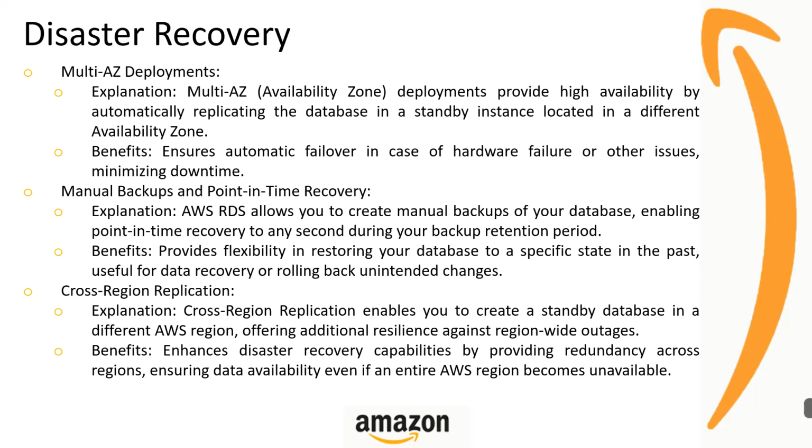So the first is the multi availability zone. In the multi availability zone, suppose one zone is unavailable, then there is another standby. But if the total region, the Mumbai region, is down, then in cross region replication we have another standby region also there, right?